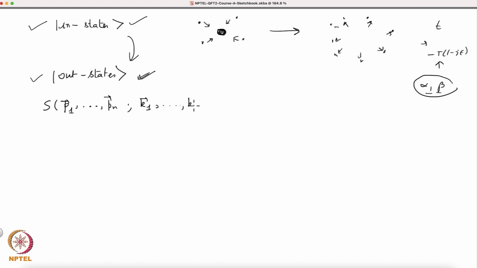Now I can be very specific about what alpha and beta are, because there are no other labels. As I had defined earlier, P_n, these are the labels coming from the out states.